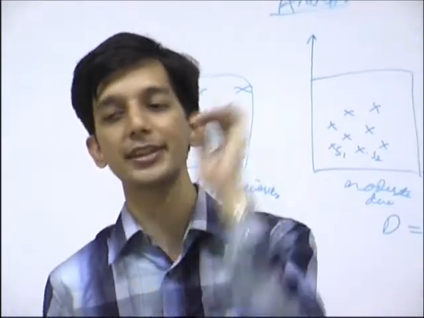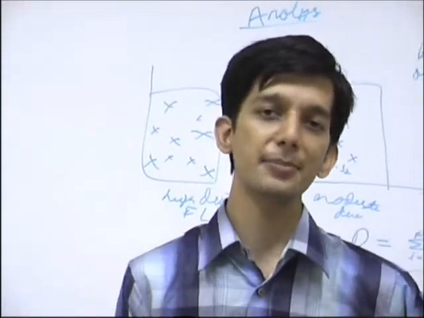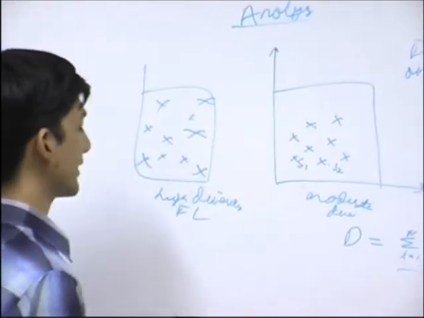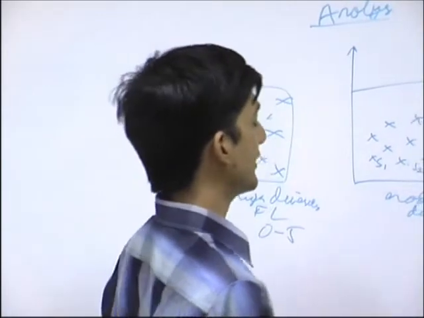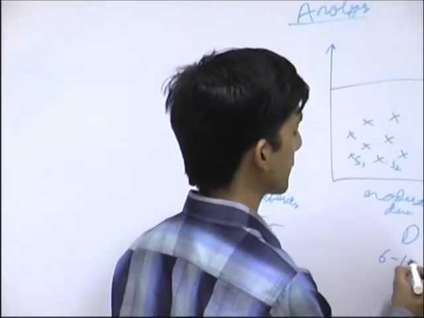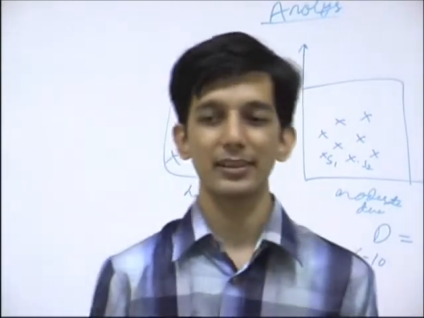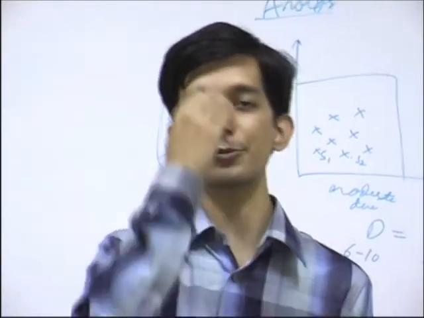What happens in a genetic algorithm is that the diversity is very wide at the starting generations. So let's say this was generations 0 to 5. Then it drastically reduces. So let me say this was 6 to 10 and this is the 100th generation. They are all at the same place. The diversity continuously reduces.